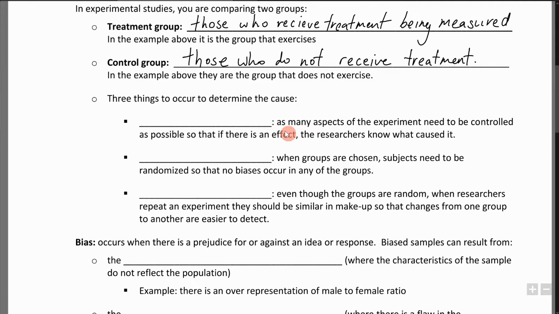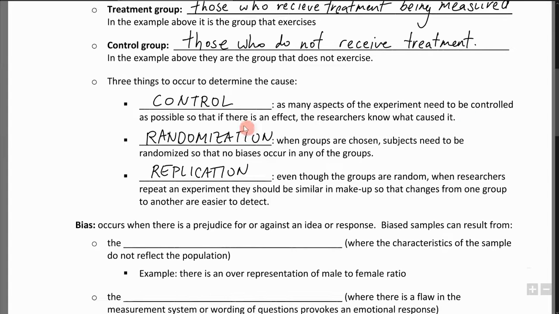Okay, so three things to occur to determine the cause. Control, randomization, and replication. So control, as many aspects of the experiments need to be controlled as possible, so that if there's an effect, the researchers know what caused it.